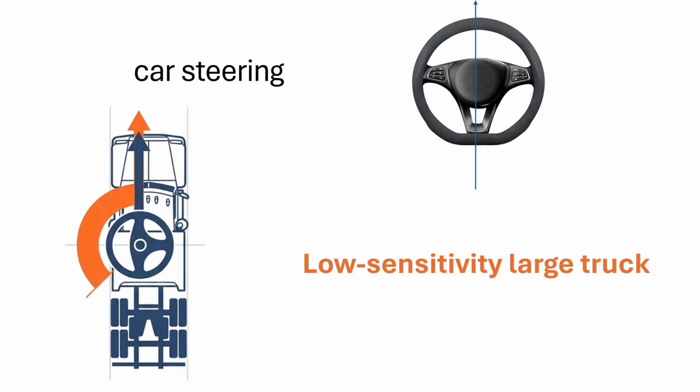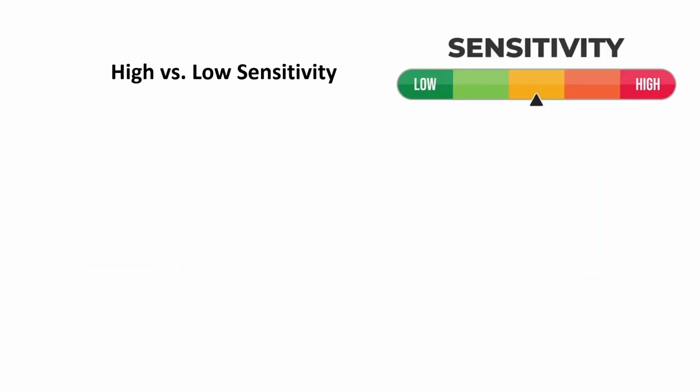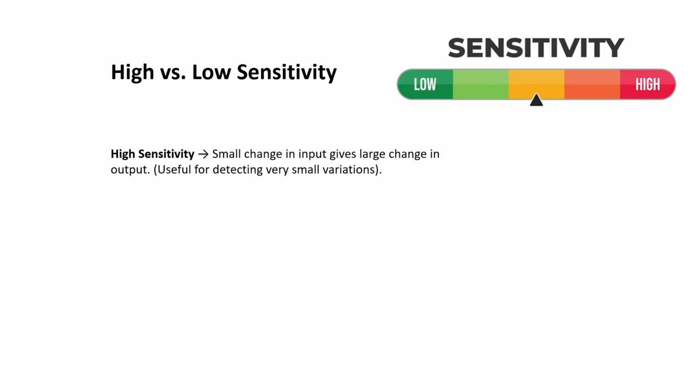You turn the wheel a lot, a large input, and the direction barely changes. Small output response for a big input. That's low sensitivity.